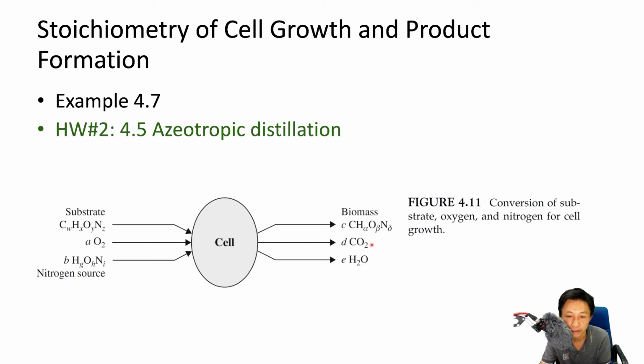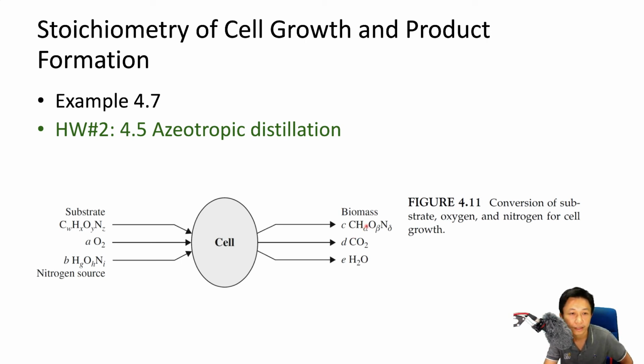You produce some CO2 and water. So this is how the cell converts substrate for cell growth. So you have built up some biomass. In the book they also have the biomass formula for you to use.